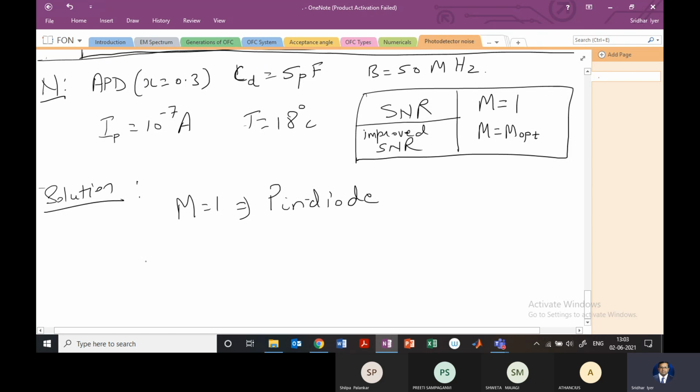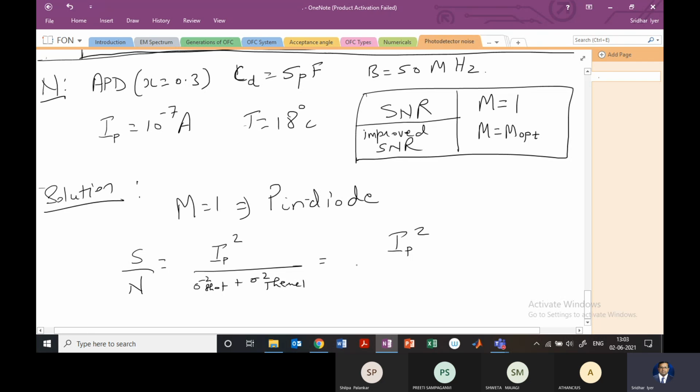Now what we need is to calculate the signal to noise ratio, for which we need the signal power, right? And we need the noise power. So signal power is nothing but IP, and you square it. So you have IP square, and you have the noise power. So that will be sigma square shot plus sigma square thermal, right? So you have IP square.